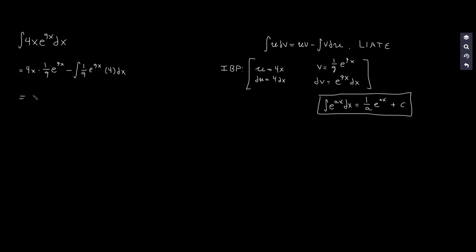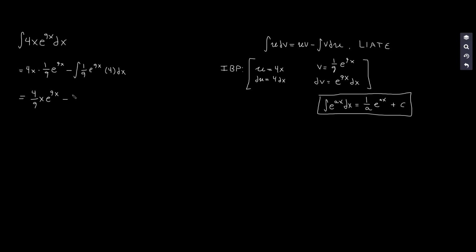And so this is going to become 4/9 times x times e raised to the power of 9 times x. And I'm going to factor out this 4, but I'm also going to factor out this 1/9.